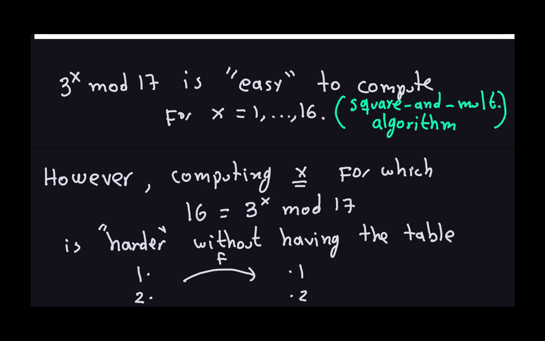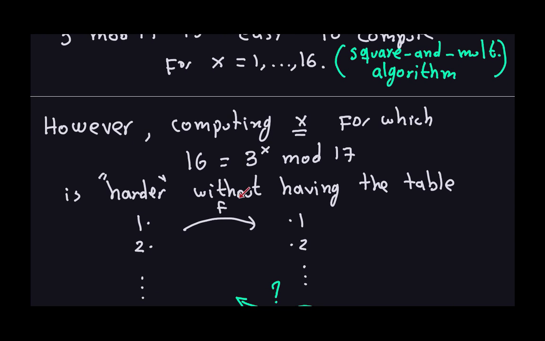So I have to find the value of x in such a way that 3 to the x modulo 17 is 16. If you look at what the problem is here, this is actually harder, because this basically amounts to solving a modular equation, which is usually not easy. So this is harder without having, of course, a table.